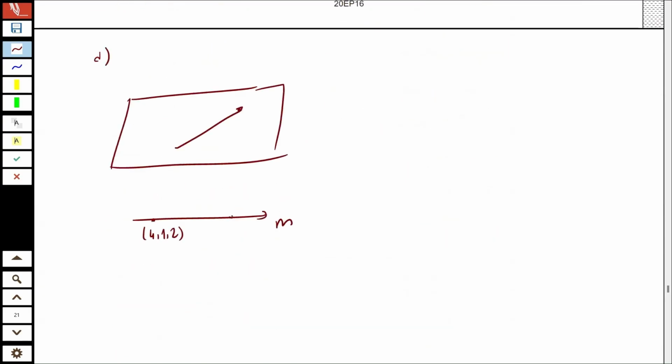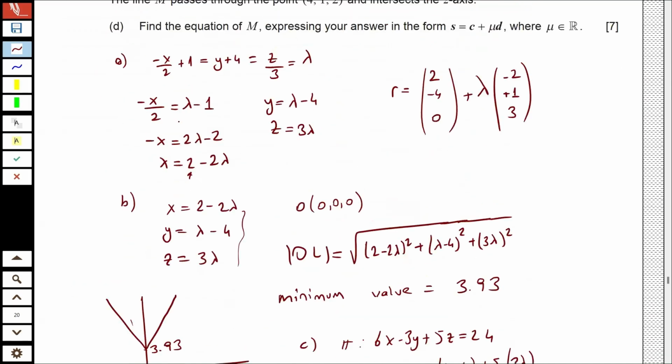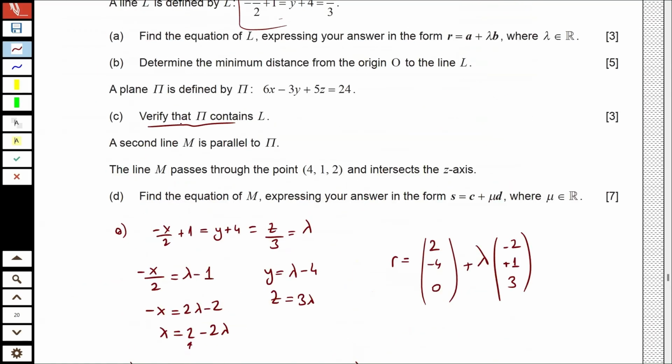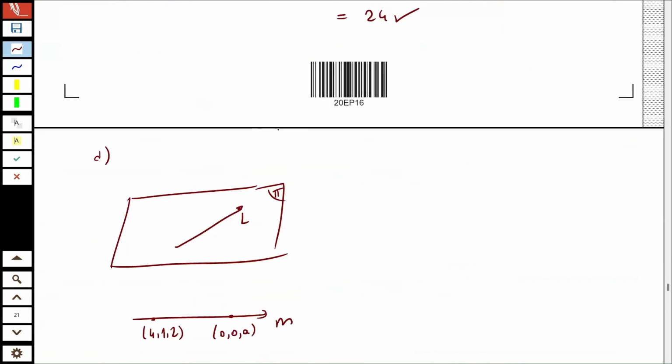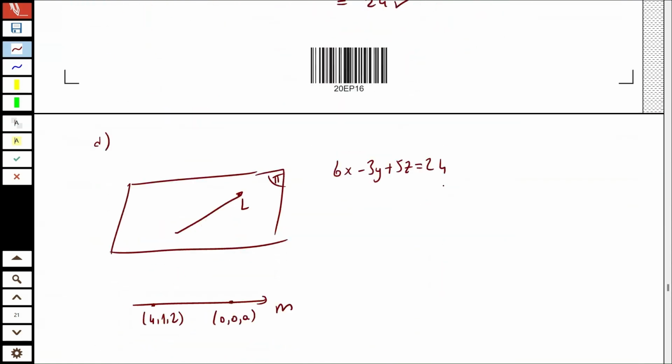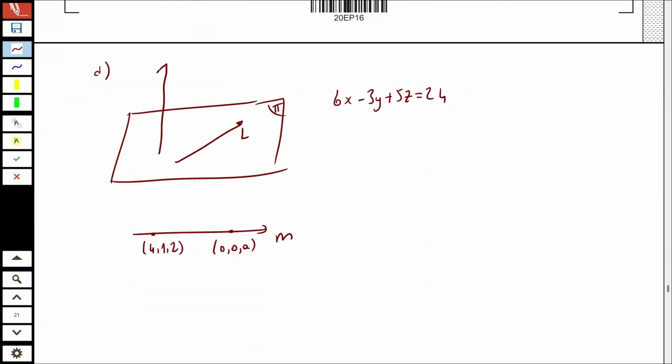In this case, there is also another point, which is (0, 0, a), let's say A, since it is on the z-axis. This is L, this is the plane pi. And we know the equation of the plane, 6x minus 3y plus 5z equals 24. The normal of this plane is 6, minus 3 and 5.